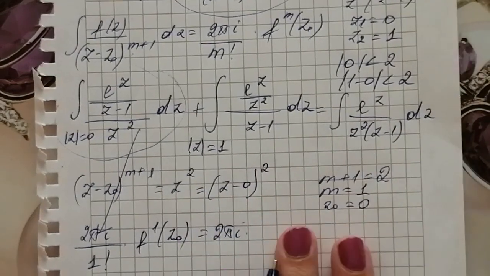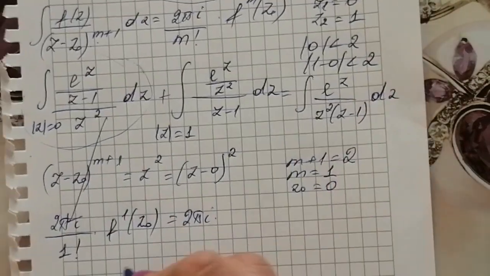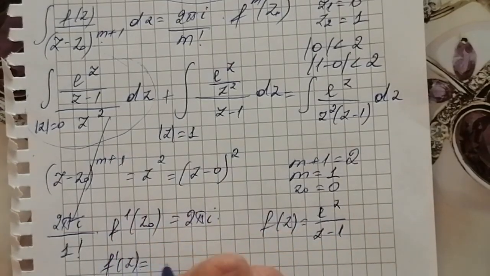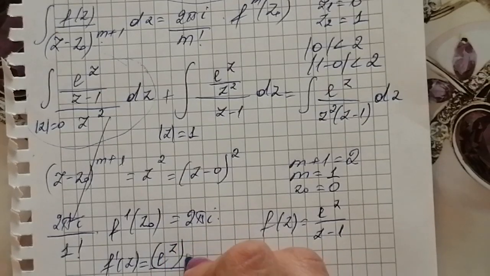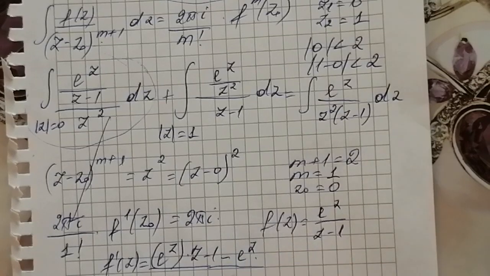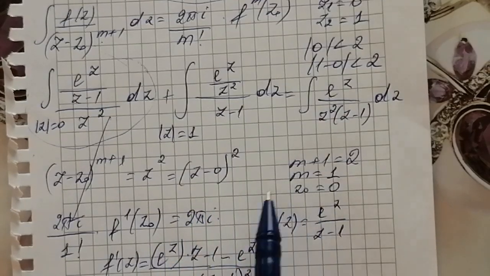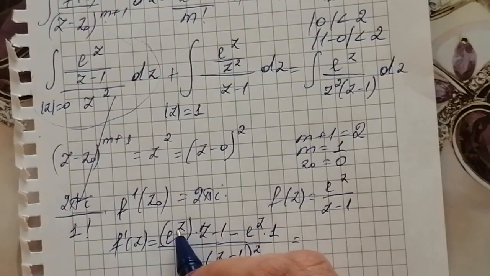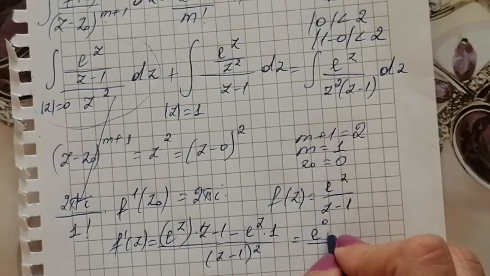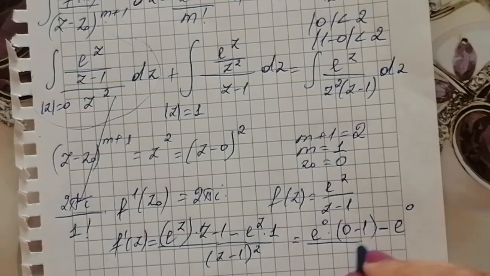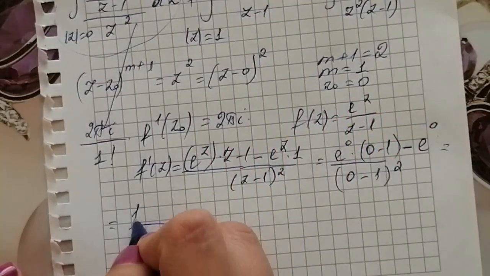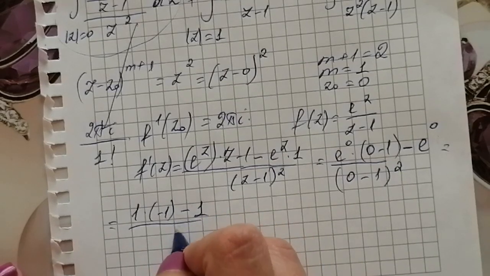Let's find the first derivative. f of z is equal to e to the power of z over z minus 1, and the first derivative of f of z will be equal to e to the power of z times z minus 1 minus e to the power of z over z minus 1 squared. If z0 is equal to 0, then let's write 0 instead of z. e to the power of 0 times 0 minus 1 minus e to the power of 0 over 0 minus 1 squared will be equal to 1 times negative 1 minus 1 over 1.